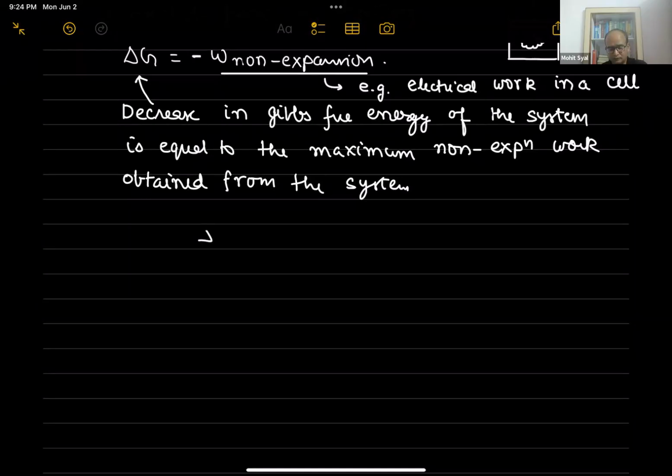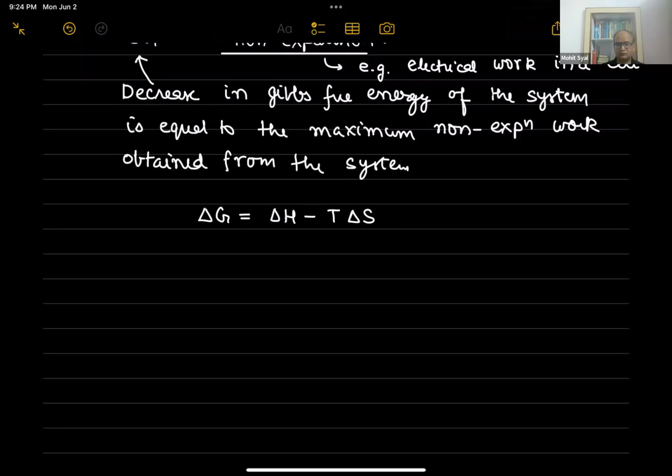Delta G equals delta H minus T delta S. This is the Gibbs energy change. We know that. What is the formula for delta H? Delta H equals delta U plus delta n g RT, and that was P delta V. What was the definition for delta H? Enthalpy change is the heat change at constant pressure.